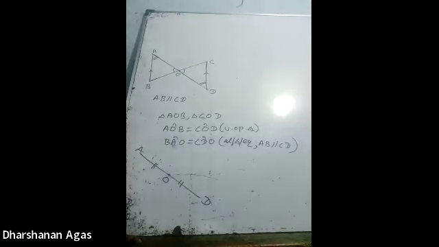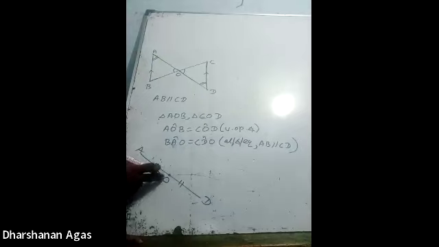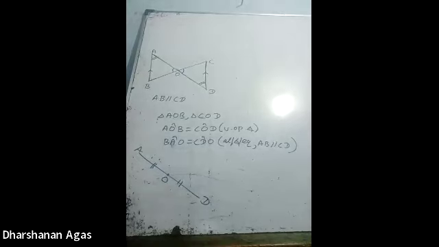Here AD with the midpoint O is divided into AO and DO, so AO and DO are equal.